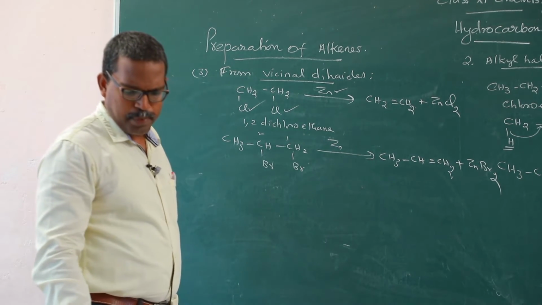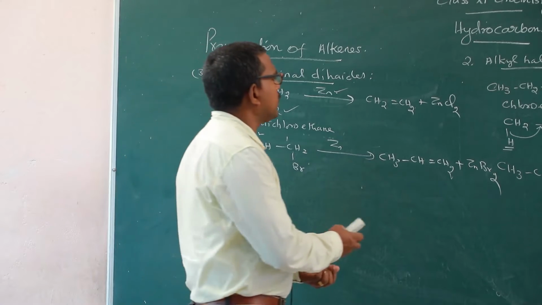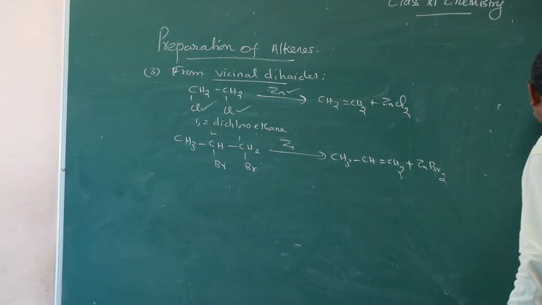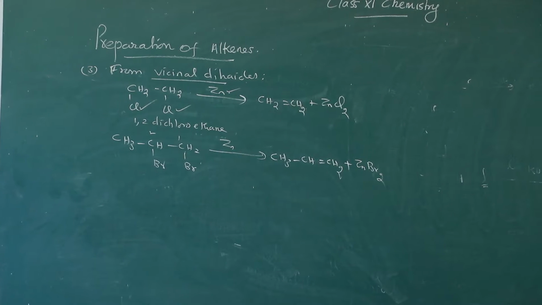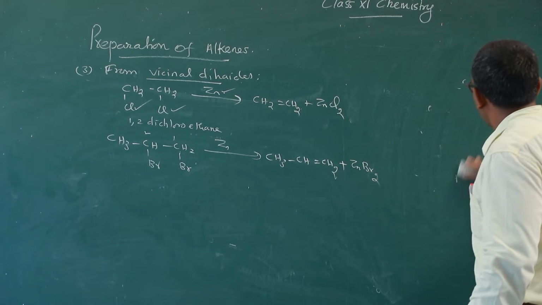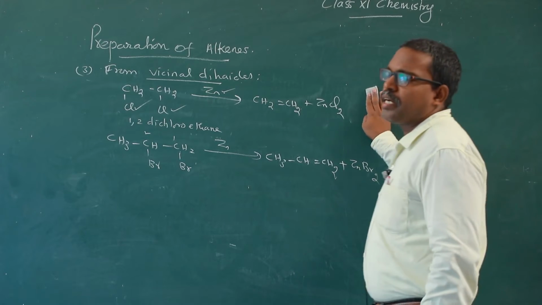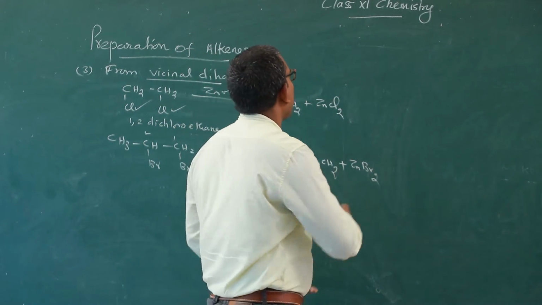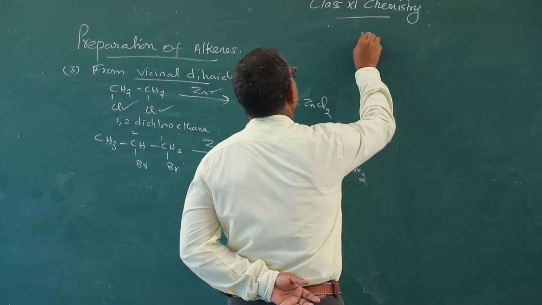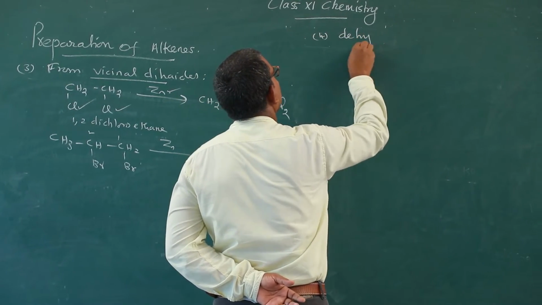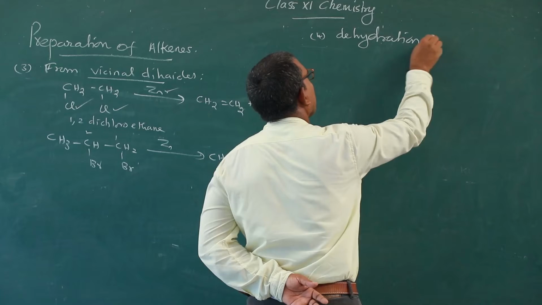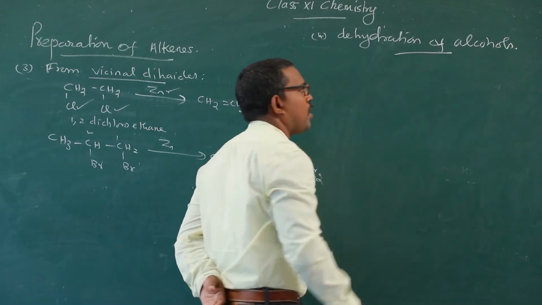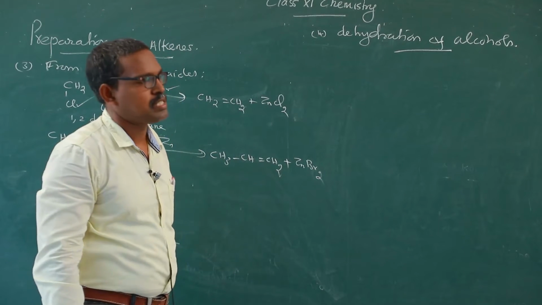And the fourth method is from alcohols by acidic dehydration of alcohols. What is dehydration? You know what dehydration is? Dehydration is the removal of water from the organic compound. Dehydration of alcohols by using acids.